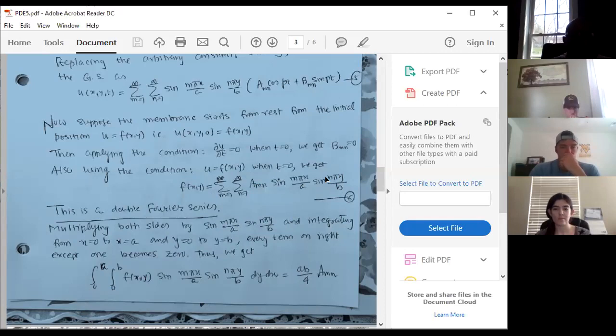Agree? Good. You have multiple integrals over here. As I told you, one is m, one is n, that means x and y are there, so dy and dx, or dx and dy. Make these two integrals separate. Integration AMN outside. Integration sine m pi x by a dx. Integration sine n pi y by b dy.